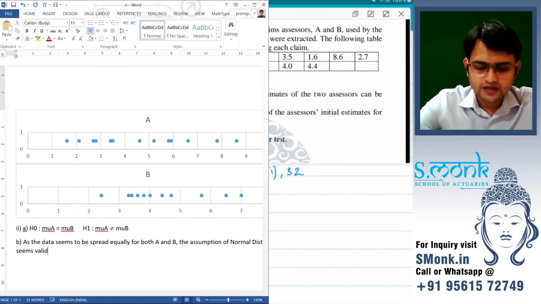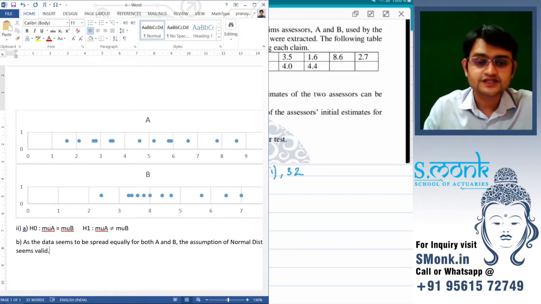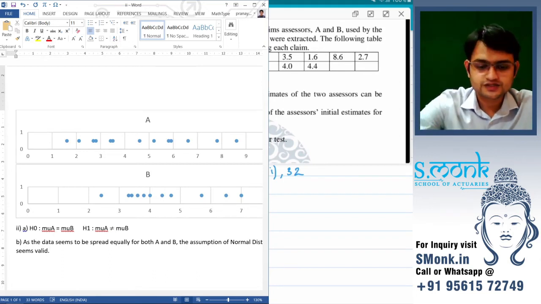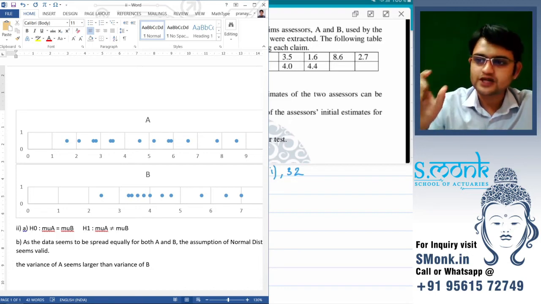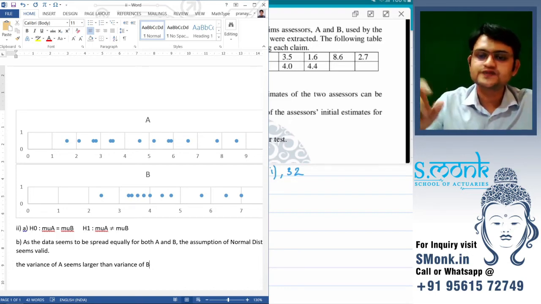This is the first. The second assumption, because variance is not given, we will assume equal variance. So we'll say the variance of A seems larger than the variance of B, but the problem is we have a small sample, so we will not be concluding just by looking at the diagram.